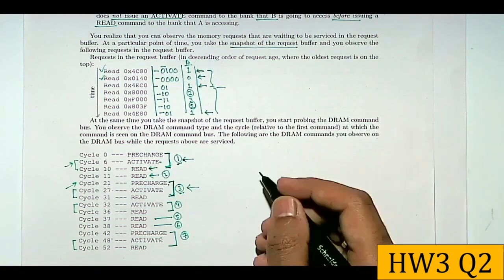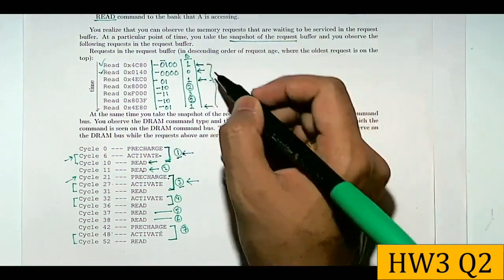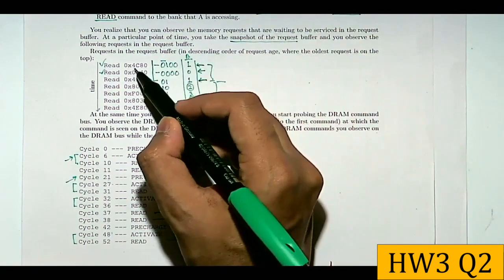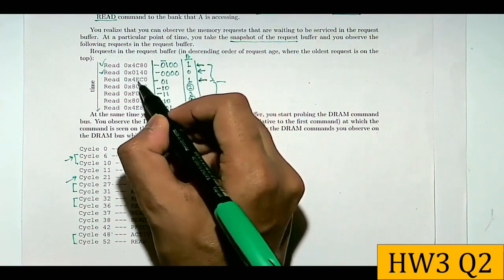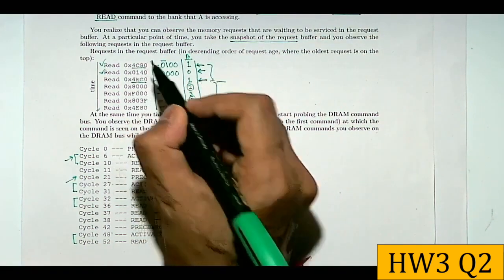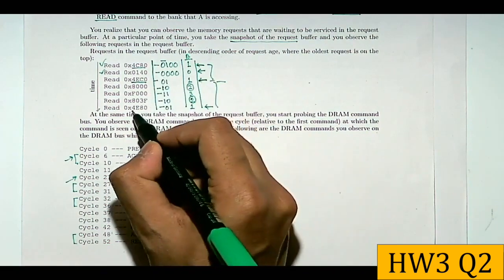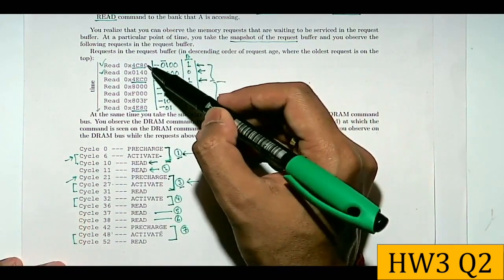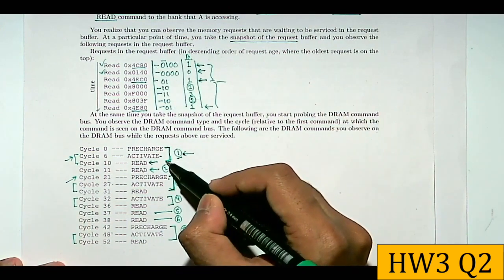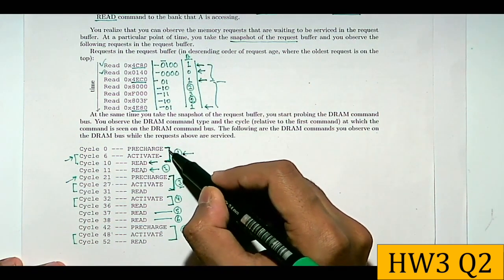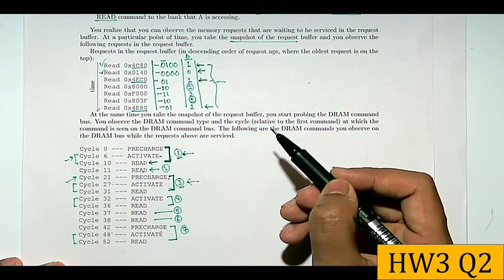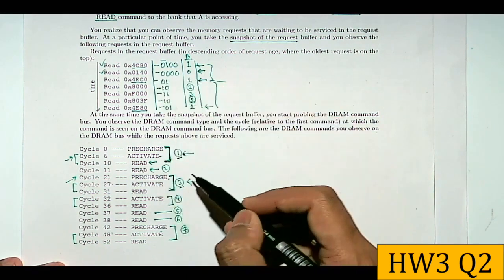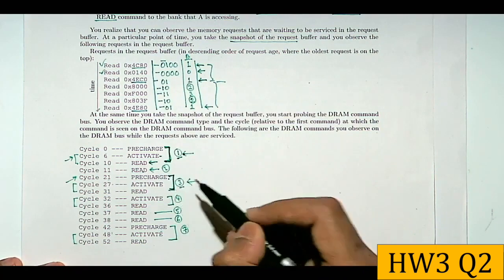Now let's see how big the row buffer is. Let's see the first sequence of accesses. 4C80 and then 4EC0, these 2, and the last one, 4E80. 4C80 is serviced by these 3 command sequence. The next one, 4EC0, is serviced by these 3 command sequence.